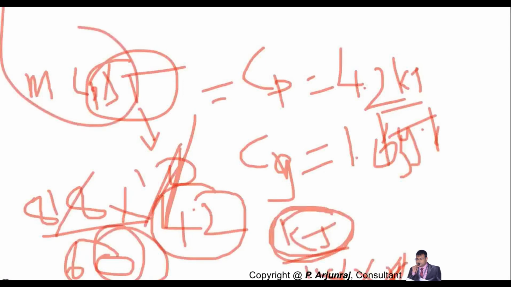So when you multiply 818 by 60 into 4.2, finally you get the result, which is nothing but the heat loss because of the cooling water. How much are you going to get? That should be in terms of kilojoules per minute.